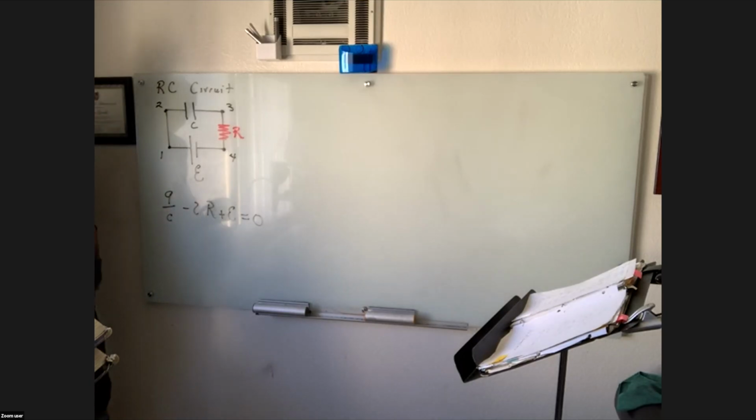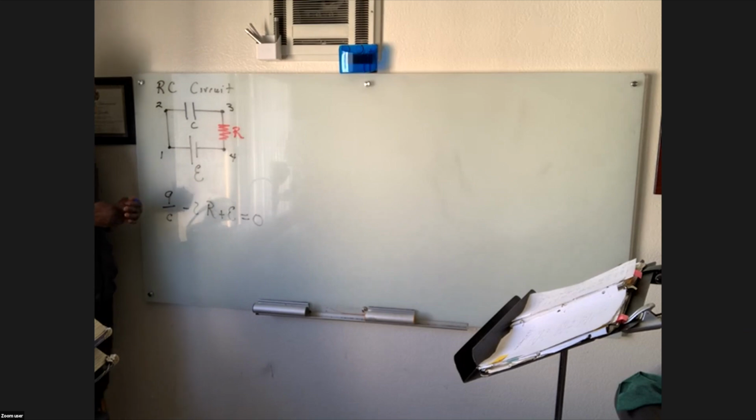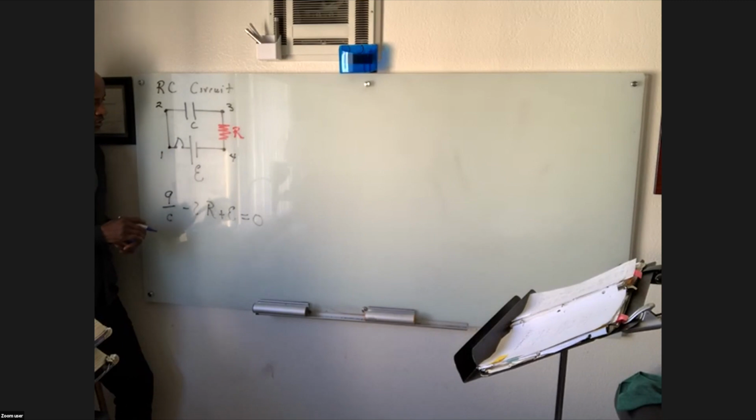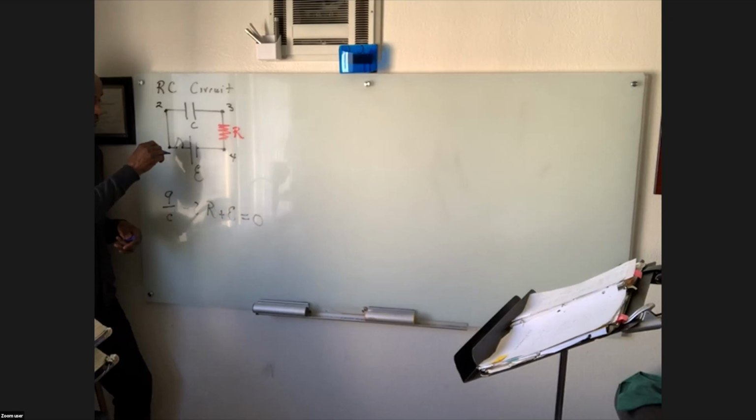One of the things that you need to be careful about is the polarity on the capacitor. If I have a switch here and I close the switch, what direction does the current flow, Monica? To the left? Yeah, counterclockwise. So what is going to be the polarity of this pole of the capacitor? The left pole.